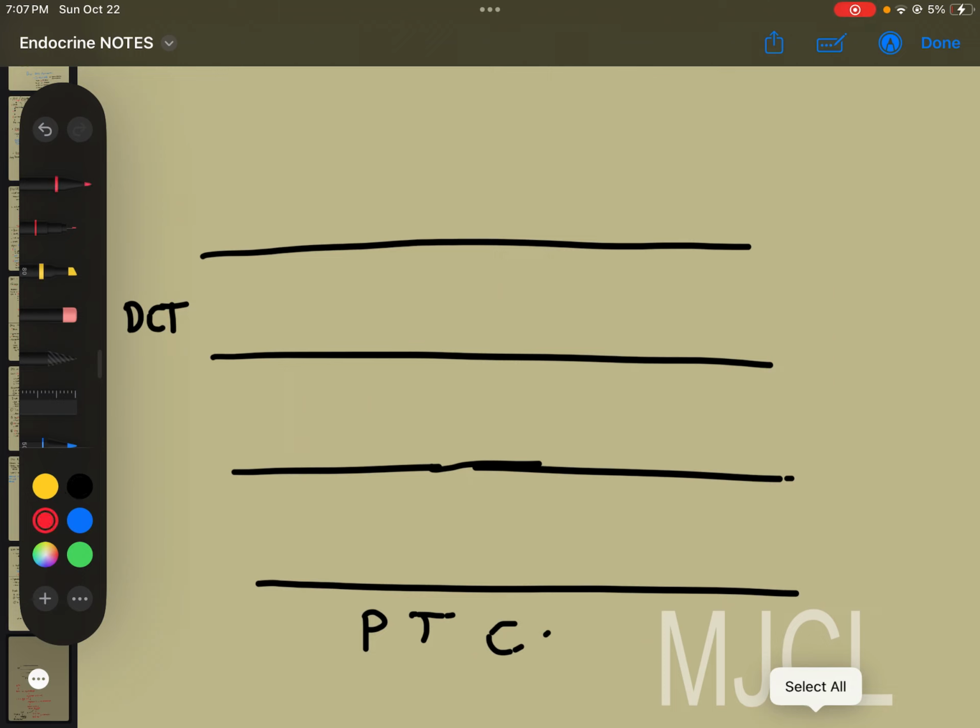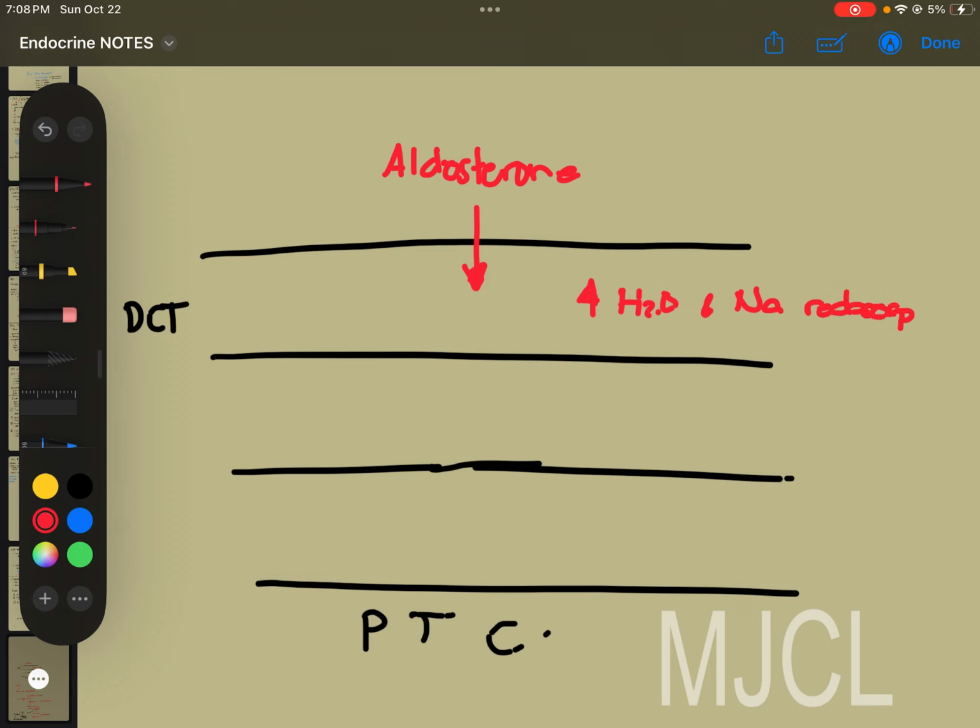Your distal convoluted tubule, once it is triggered, or stimulated, by our aldosterone, it will now increase H2O and sodium reabsorption. Now, if you remember, reabsorption is taking back useful substances and sending them to your bloodstream.